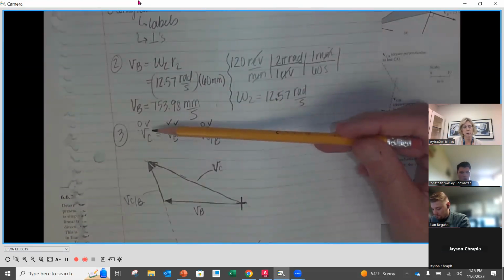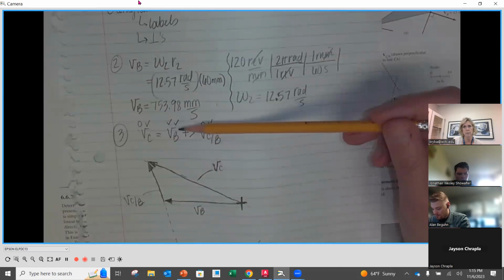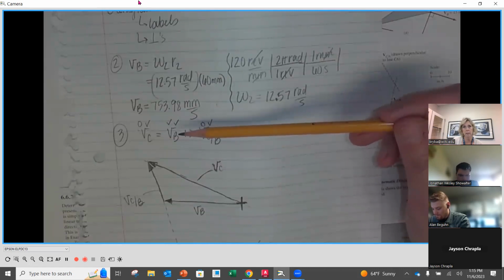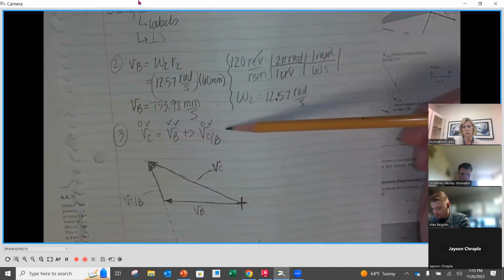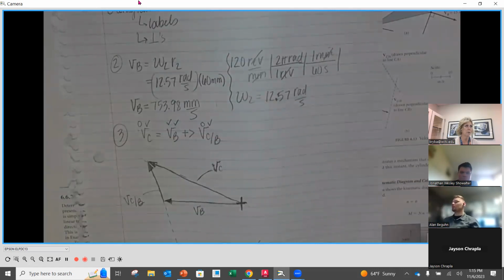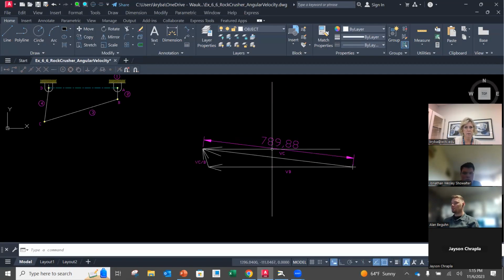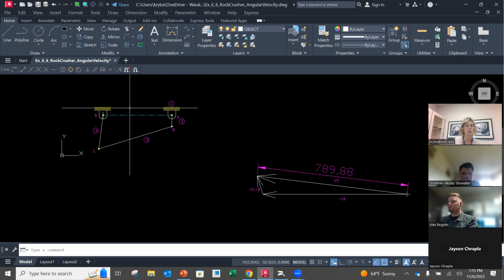Velocity of C, which is our unknown, is going to be equal to the velocity of B, which is known fully, magnitude and direction, plus vectorially the velocity of the unknown C relative to the known B. Okay, so C relative to B, which is simply perpendicular to the connecting rod. So then we went and drew that kinematic diagram. I had it drawn in CAD here to get our orientations at this instant in time.